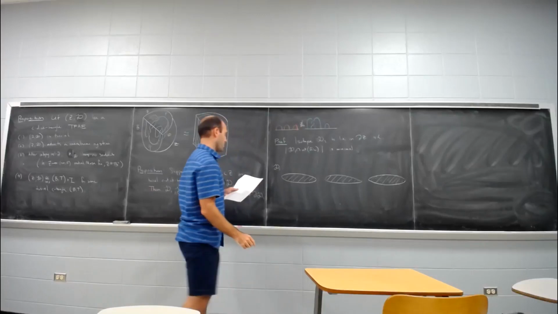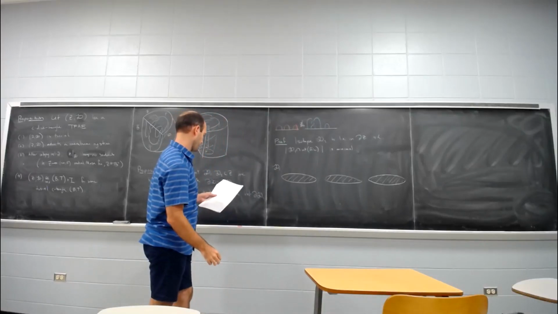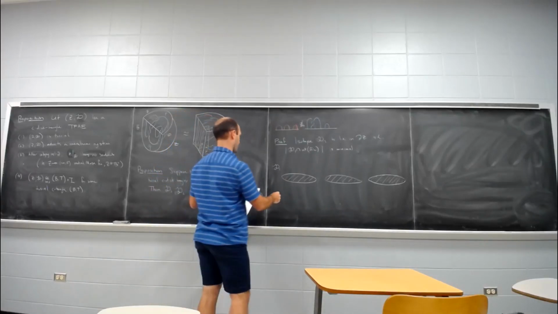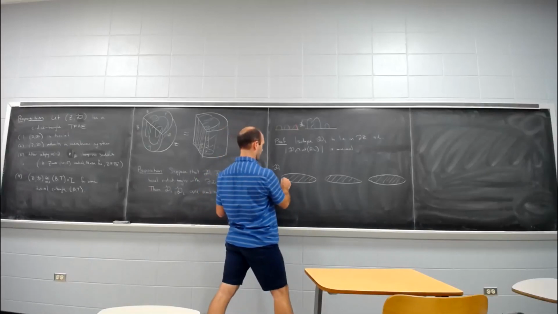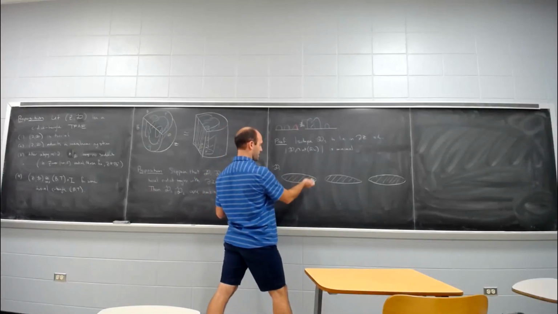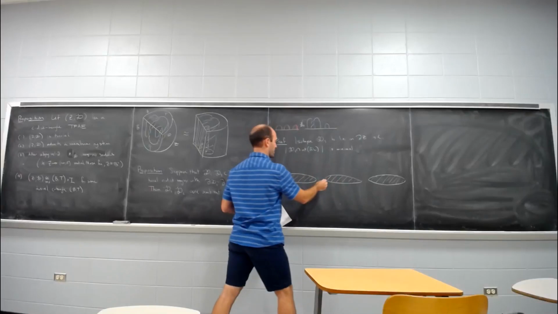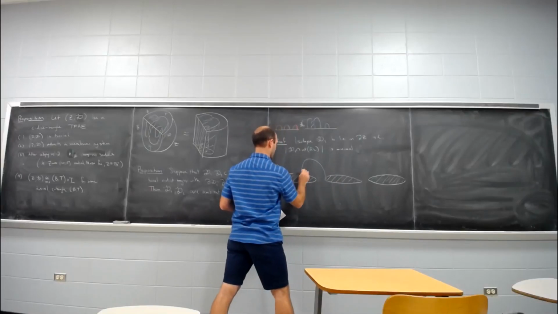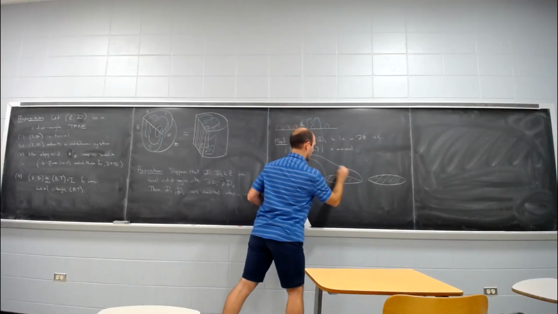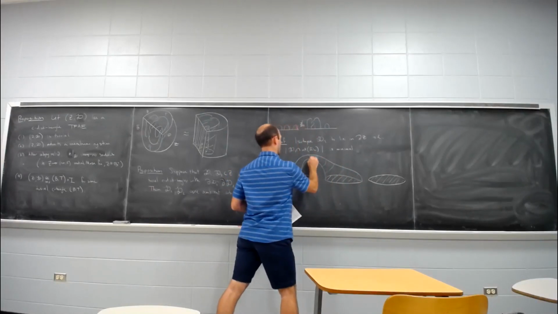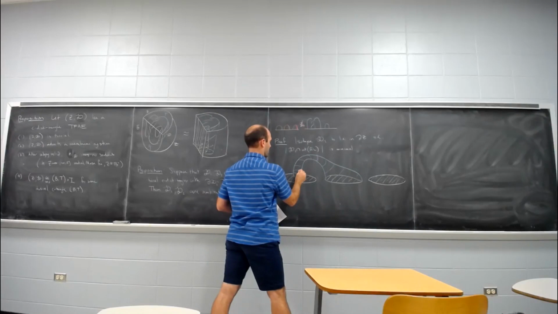And then what does blue look like? Well, there's a couple of cases. I need to have a disk that emanates from each of these curves, but it could intersect the yellow guy in complicated ways.